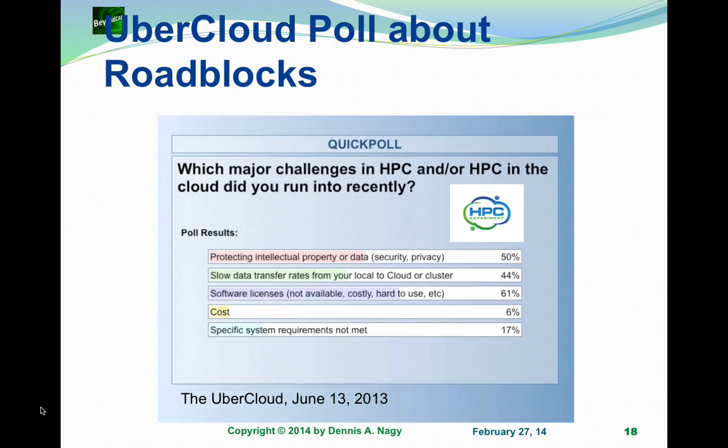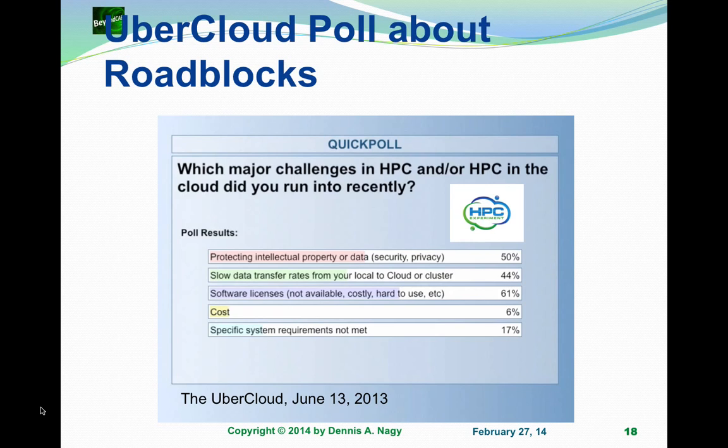There was a poll a year ago, when UberCloud started, about what the major challenges in high-performance computing are that people are running into. And of course, intellectual property and data security is still a major concern. There's a lot of debate, and it could be the subject of a whole other presentation, on how much of that is just worry and how much of it is real, because even security within a company's current computer infrastructure is not anywhere near as secure as most companies think it is in terms of being hacked.